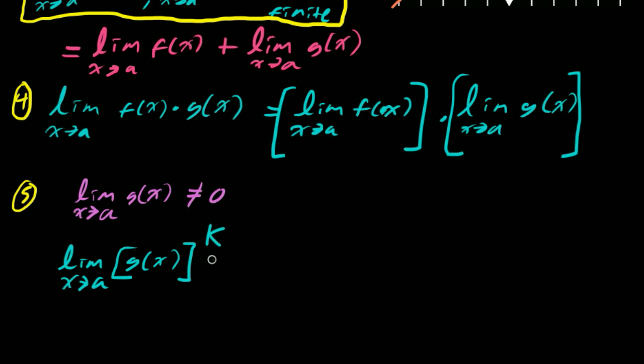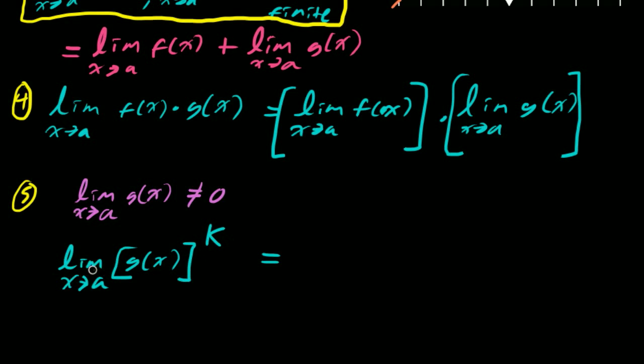It can be any power, either positive or negative, and this is just going to be equal to, and again, what we're going to see is we can move this, because this constant does not depend on x at all.